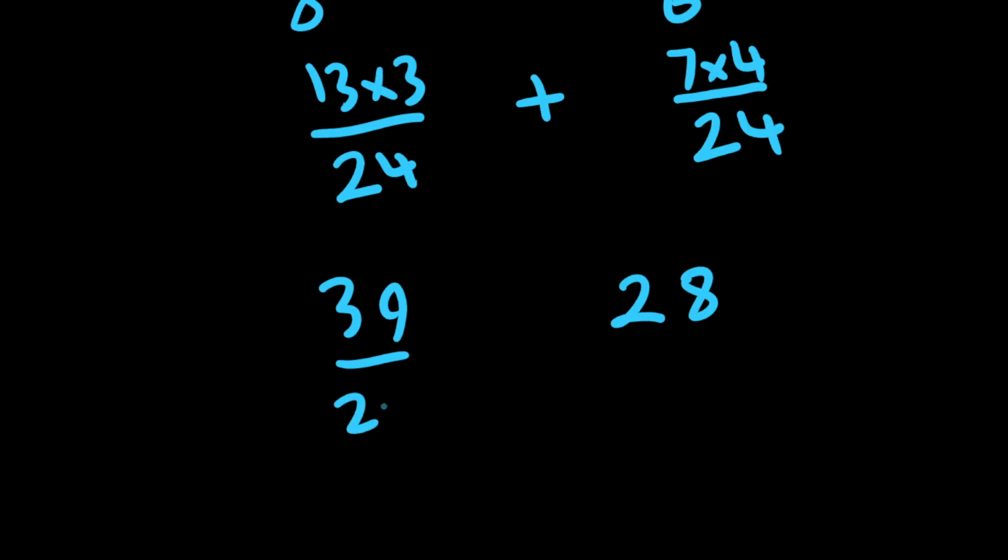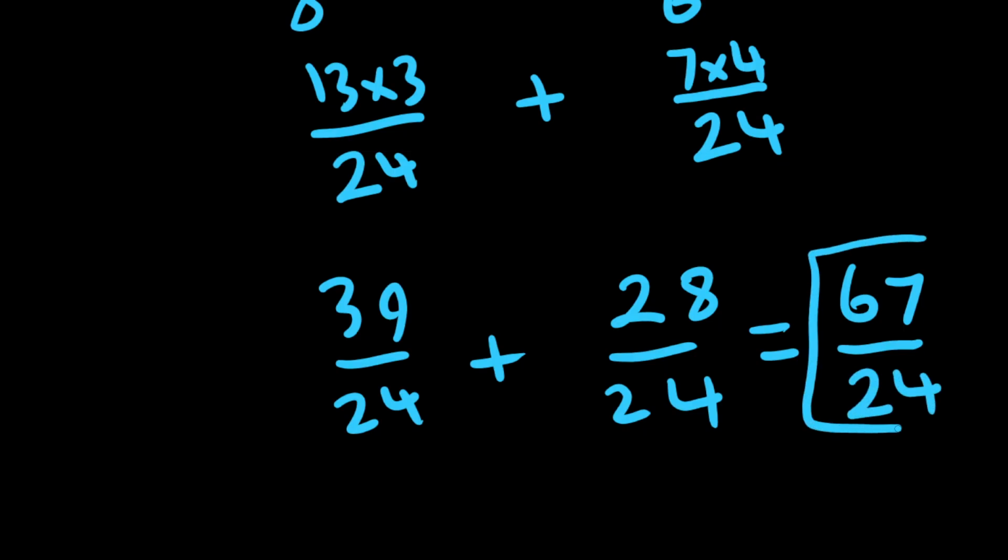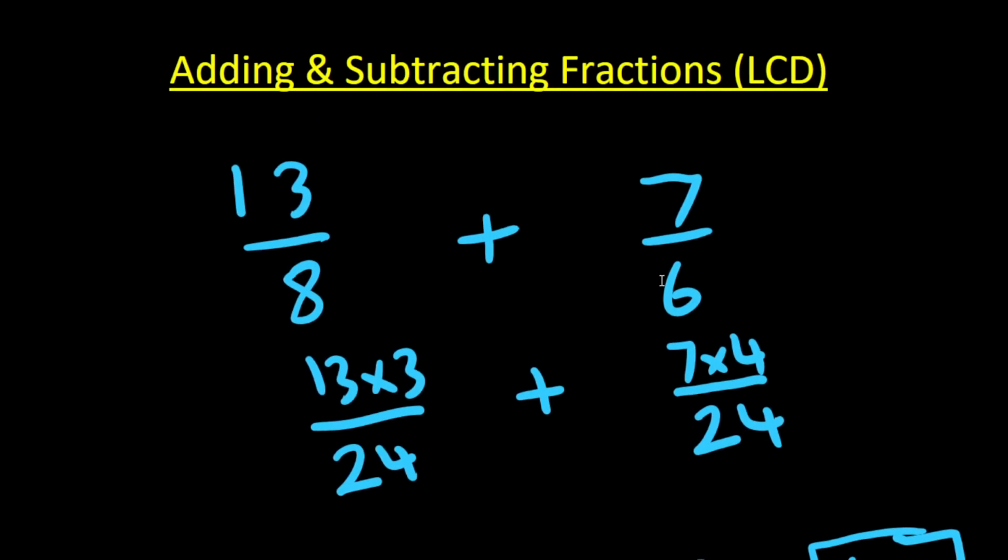And they're both over 24. Let's add them. And what's 39 plus 28? That is 67. We keep the denominator over 24. And 67 over 24 is our final answer. And that is how we add 13 over 8 plus 7 over 6.